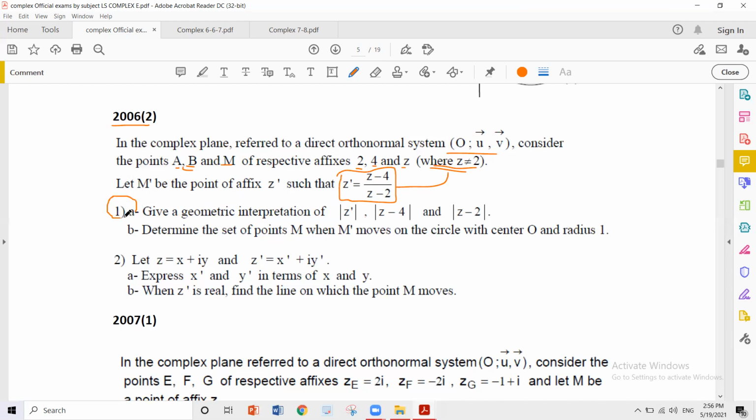1a. Give a geometric interpretation of the modulus of z prime. The modulus of z prime is a distance. z prime is the affix of M prime, so the modulus of z prime equals OM prime.